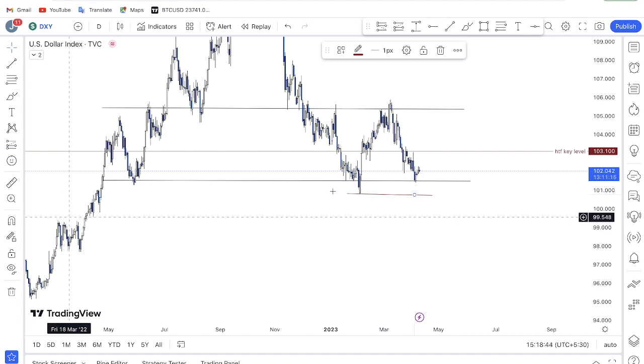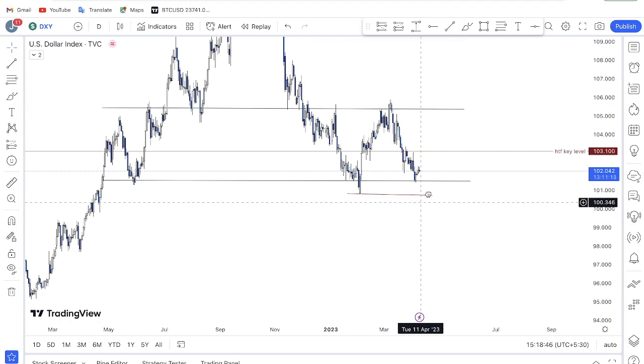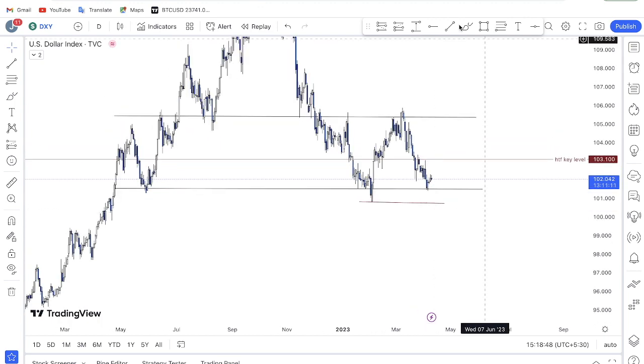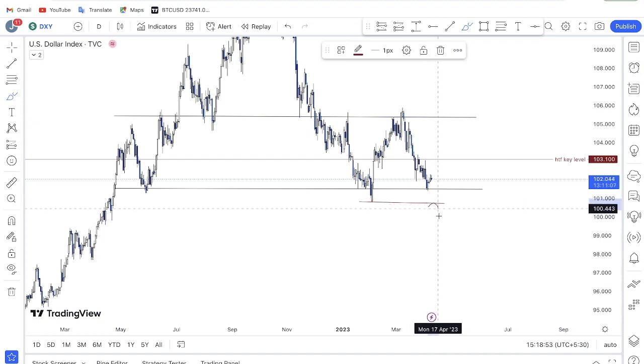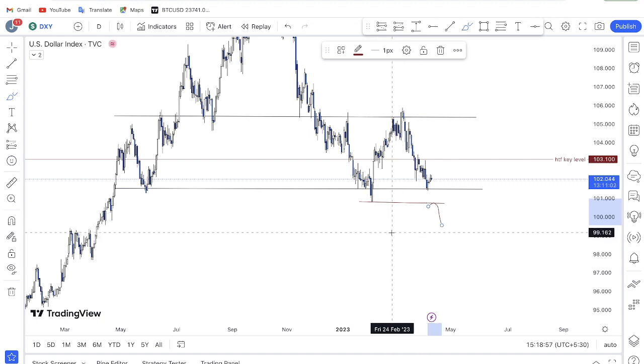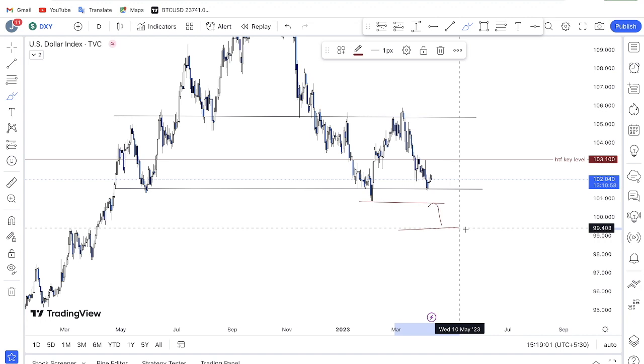So we'll be targeting this level here. If price breaks below and starts to range here, we'll be targeting this level. As you can see, it's acting as a resistance, so this is going to be our next level to watch.